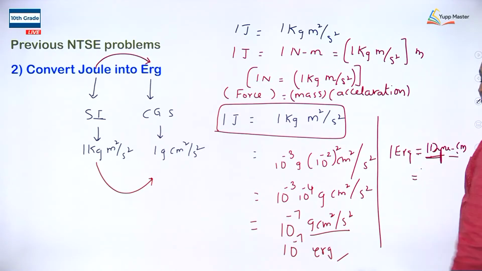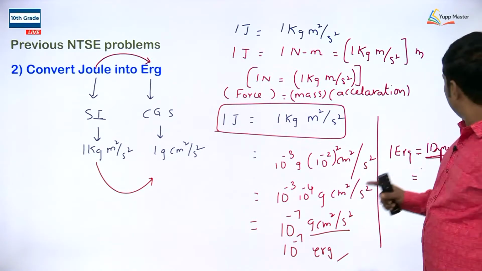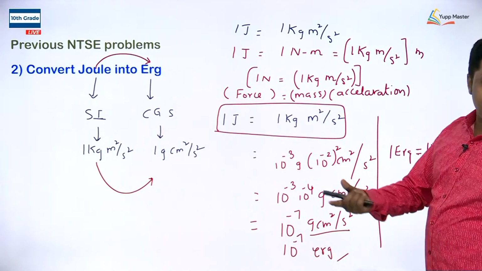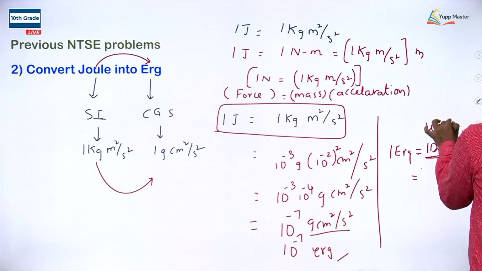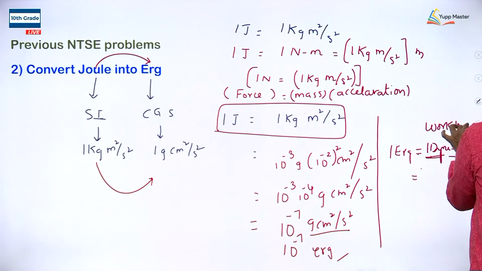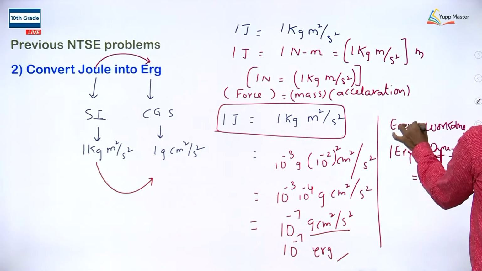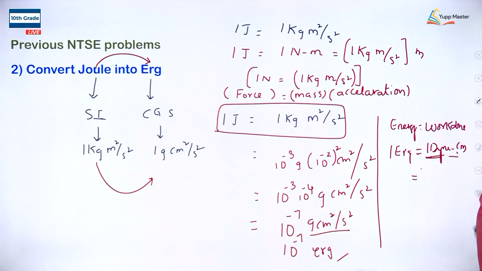Dyne is also one derived unit to represent force, and centimeter in the CGS system. It is very clear, it is going to be work done. Energy, here also you have to get this work done and energy, very clear, easily we will solve the problem.